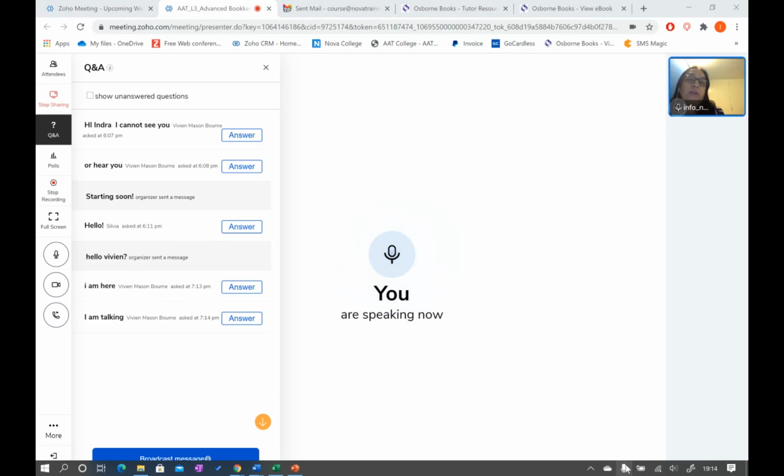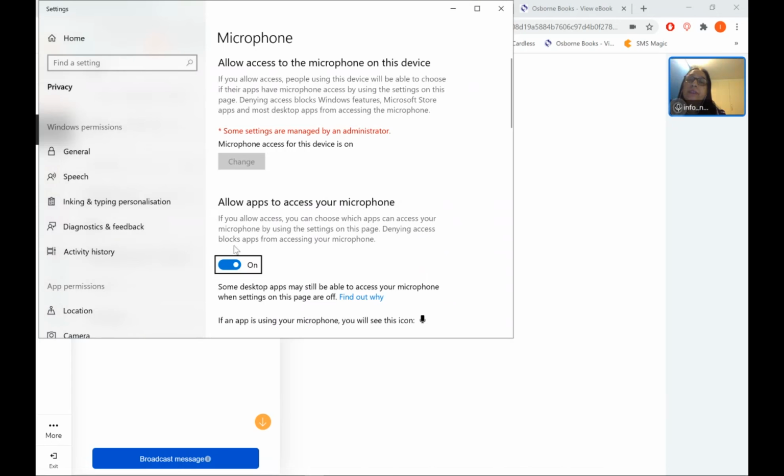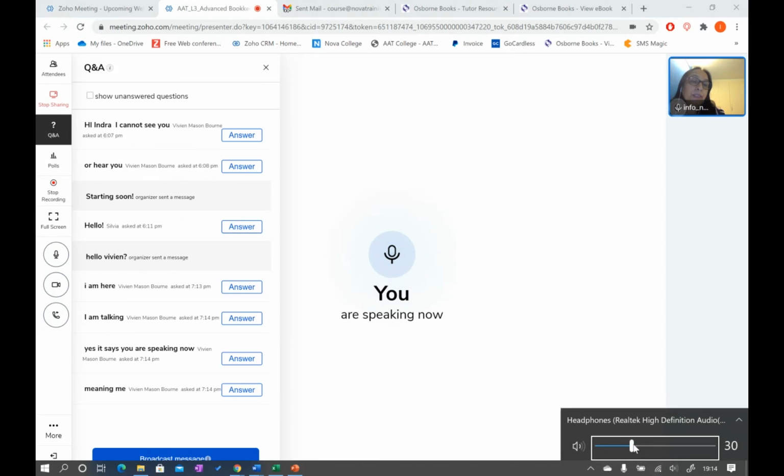If you click on this, see that the settings are on, is it on? Okay, so then turn on the volume. You see this volume button?